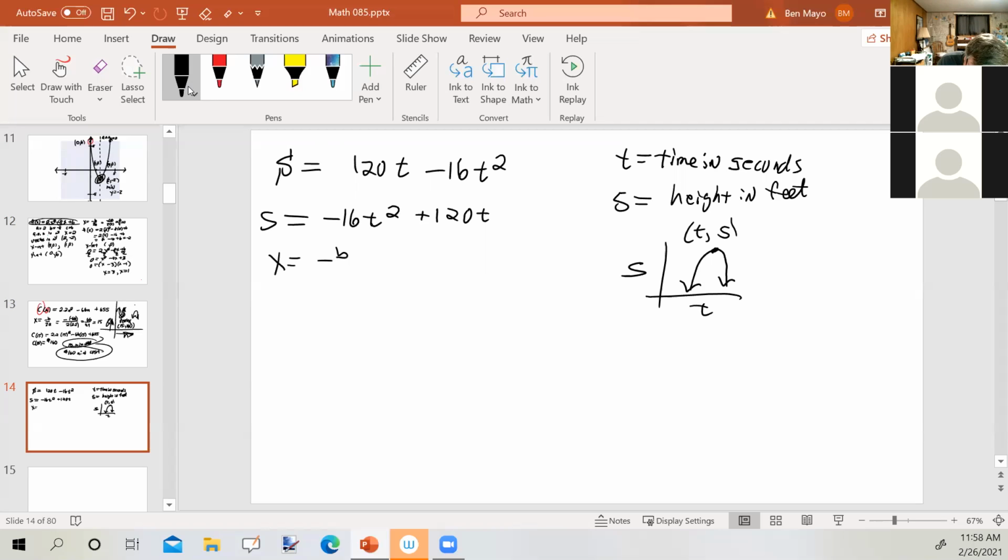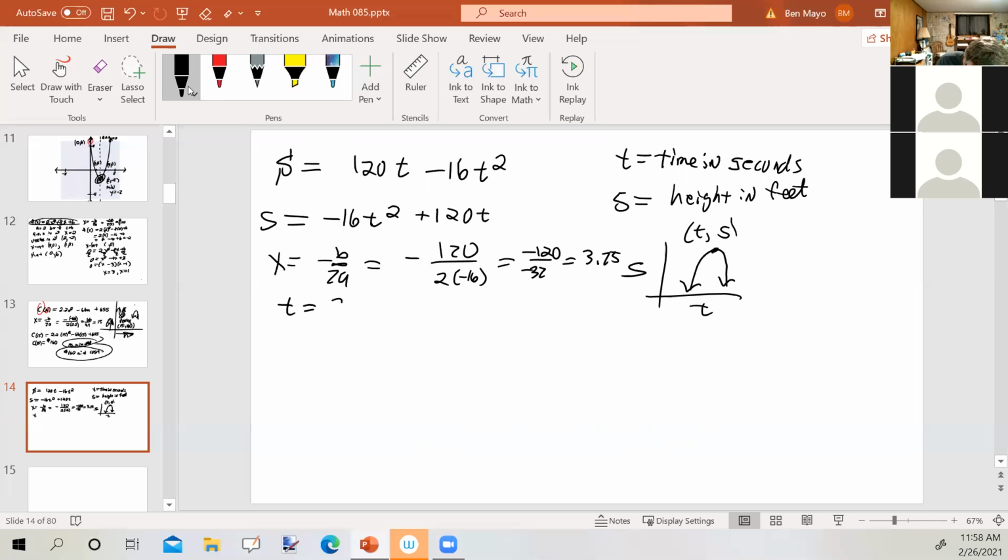X equals negative b over 2a, and technically I'm looking for t, not x, but that's going to be negative 120 over 2 times negative 16, which is negative 120 over negative 32. Let's see, negative divided by negative is positive, and 120 divided by 32 is 3.75.